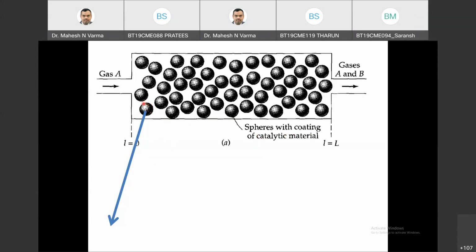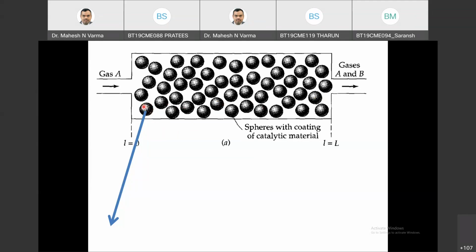So I will estimate the concentration profile and flux profile around this particle only. Then I will integrate over the overall length, considering the variation of concentration and everything, and then I will get the overall concentration. But in stage 1, I am giving concentration to this one catalyst particle only, and want to study the mass transfer.